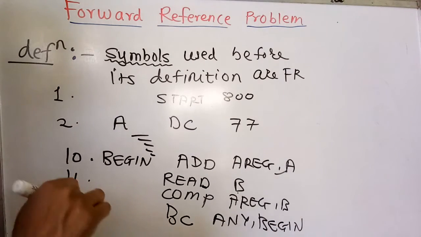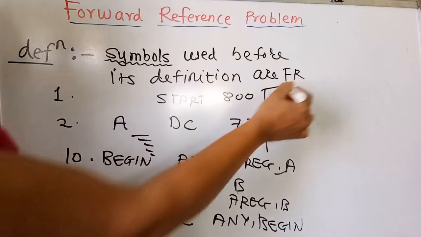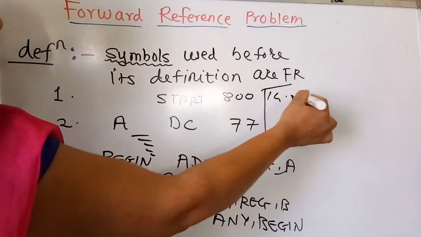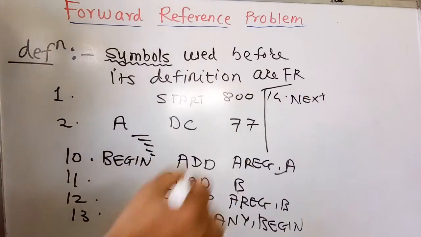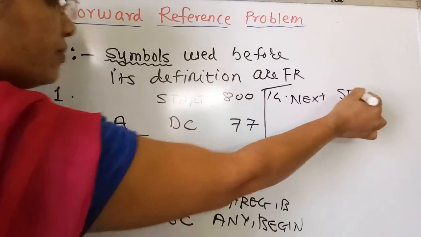For the purpose of understanding only, I am writing these assembly statements and trying to show you what the actual forward reference is. Then after some time there will be code like, for example, NEXT. Okay. Then the next is STOP.